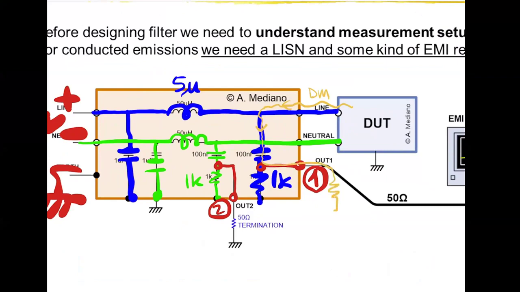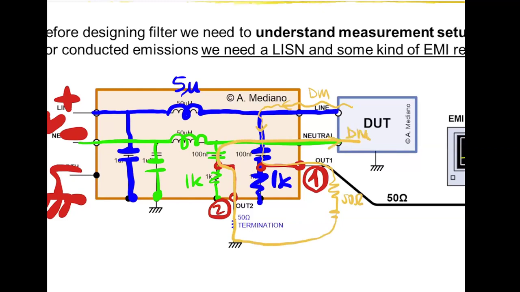So here we have the 50 ohms resistor of your receiver. So you can see that the voltage you are measuring in connector 1 is 50 times the differential mode current. But this ground is connected here, is returning in this direction, and this is the return path for the differential mode.